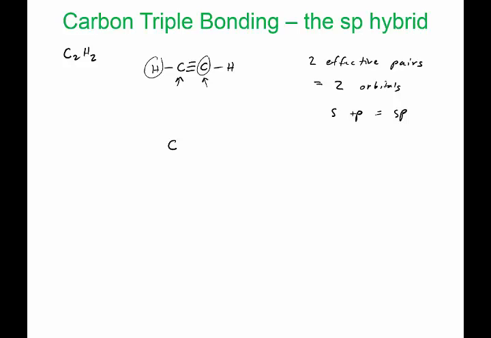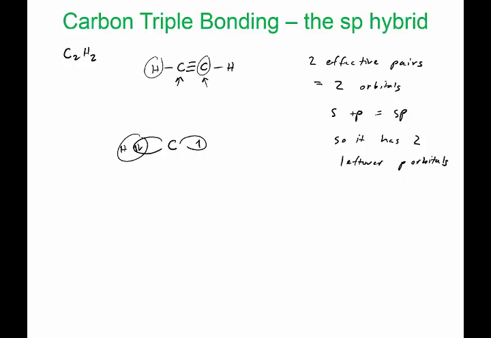Okay, so carbon takes an s and one p, so it has two leftover p orbitals. Okay, so it's going to have an electron there and there.